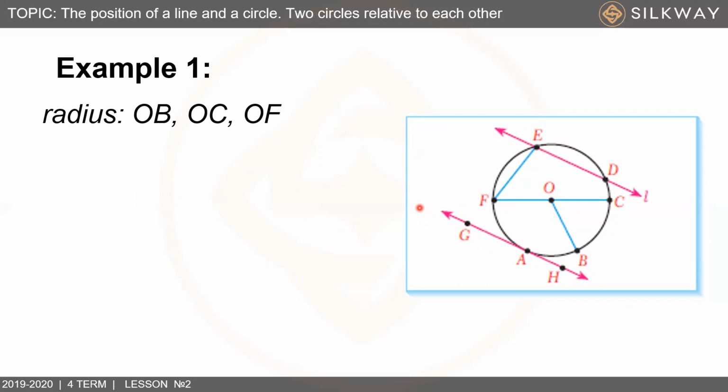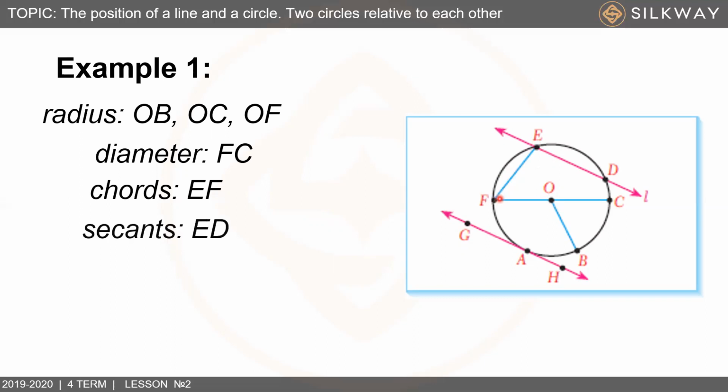Here, radii are OB, OC, and OF. Next, diameter. Diameter is FC or CF. Then chords. Chord here is EF.